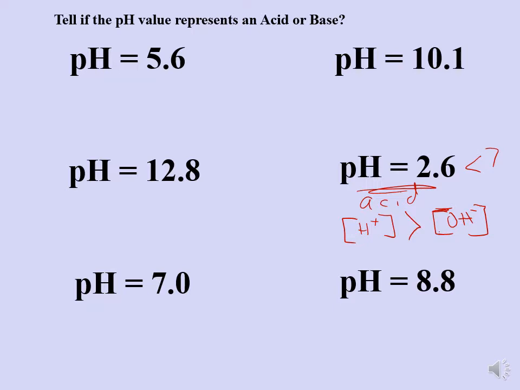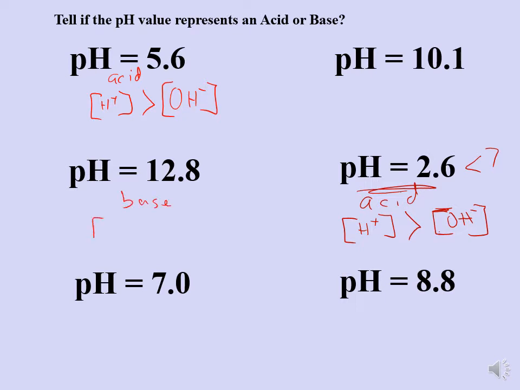Okay, running through real quick, pH 5.6, that is an acid. And again, the hydrogens are greater than the hydroxides, OH minus. Make sure you remember the charge symbols. pH 12.8, that is a base.